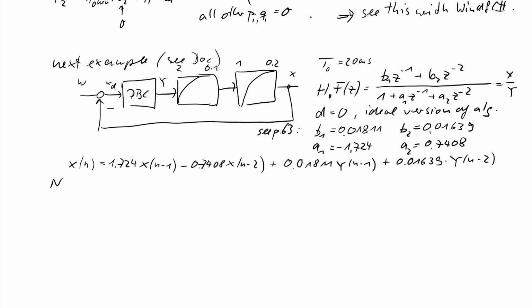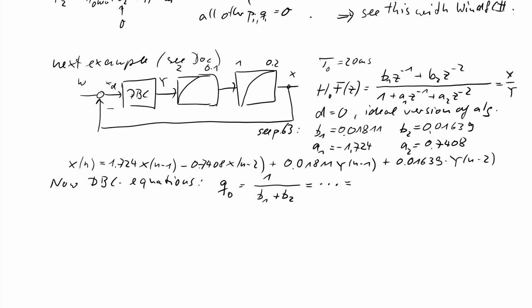Okay, now the BC equations. Q0 is now 1 divided by the sum of the B's, B1 plus B2, and the result comes. Because the B's are rather small, this value is rather large.